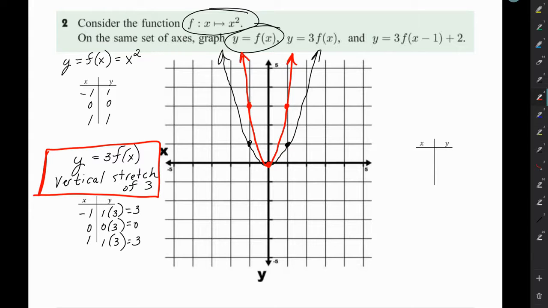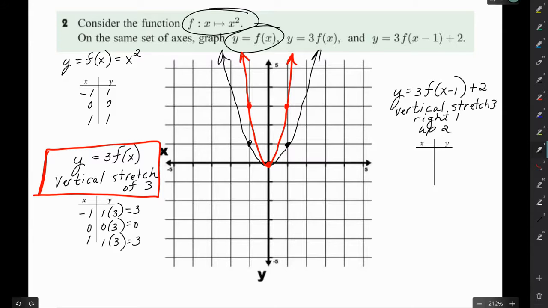All right, the last one we have here, we have a lot going on in this one. Y equals 3, the function. So we have a vertical stretch of 3. We have a shift of right 1, and we're going up 2. So we're going to go ahead and apply all of those transformations.